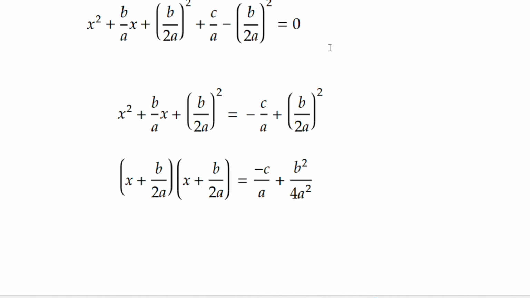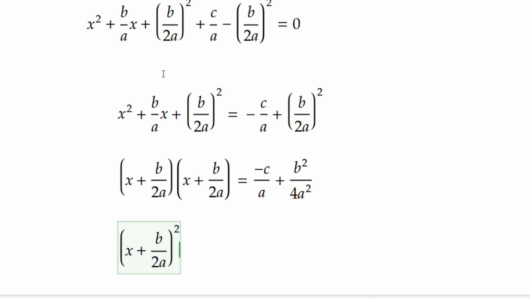Okay, let me simplify this. This side is the same thing as x plus b over 2a to the power 2. The reason is because this is the same thing, x plus b over 2a, x plus b over 2a. So it's the same thing.